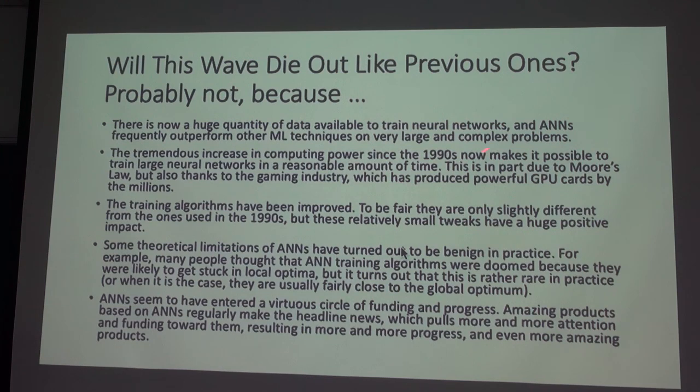So NVIDIA spent a lot of energy and time to produce the GPU cards, but it was found by accident that GPU cards can be used for parallel computing. So it becomes interesting, because we can make use of that to train a large, deeper ANN in a reasonable amount of time.